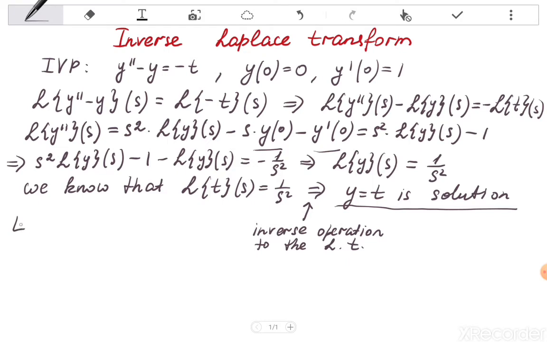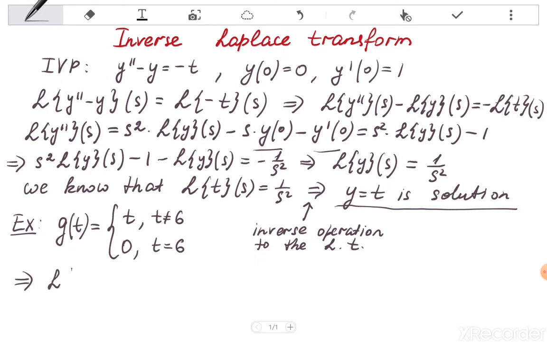For example, if we consider function g, which differs from function t just by 1 point, let's say g is t when t is not, say, 6, whatever, and g is 0 when t is 6, then you can check that since Laplace transform is an integral operator, 1 point does not matter for the result. So the Laplace transform of the function g at the point s is also 1 over s squared.